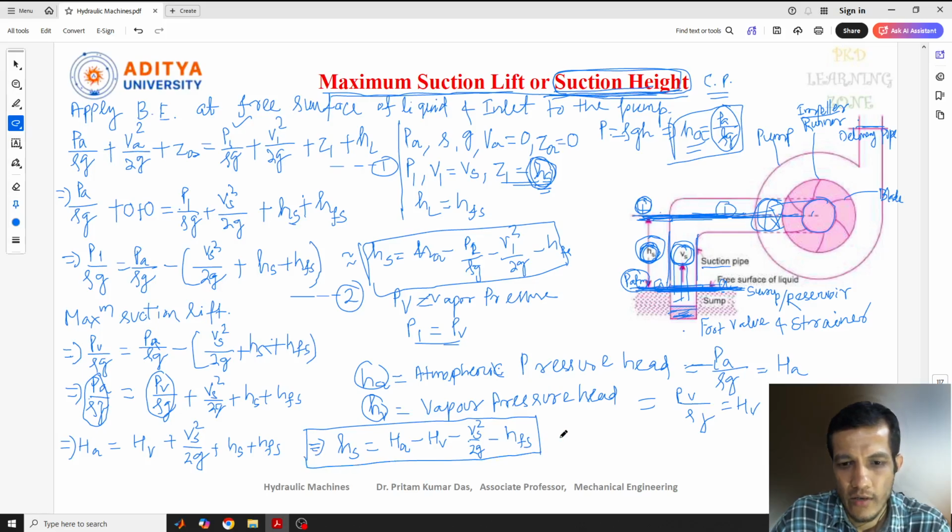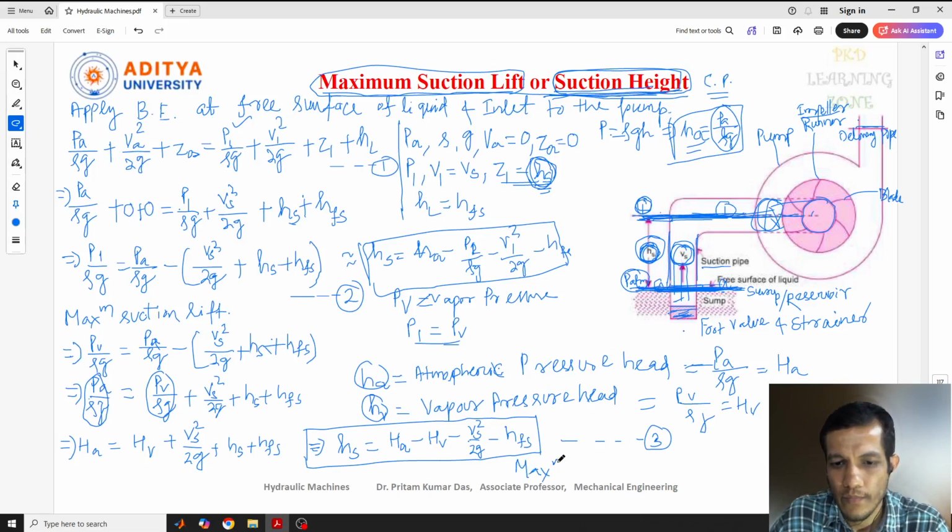We can mark this as equation number 3. This equation gives us the value of the maximum suction lift, which is what I told you at the start we need to find. For a centrifugal pump, this is the maximum suction lift.